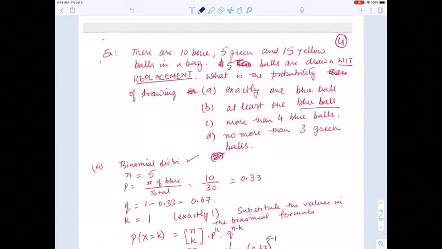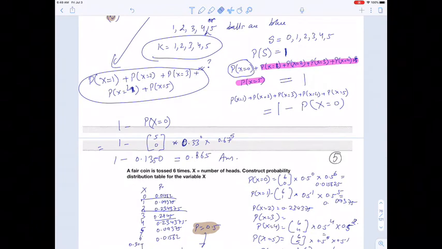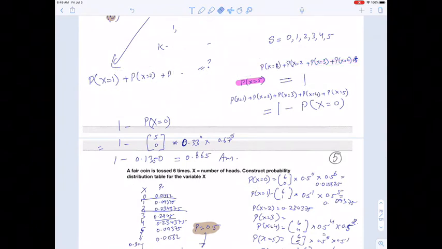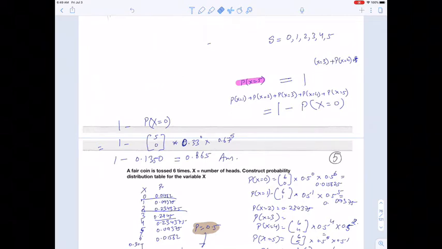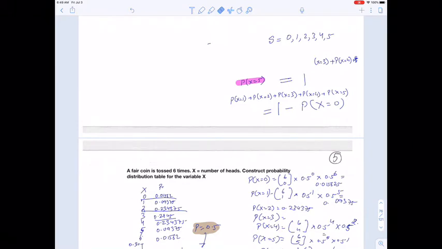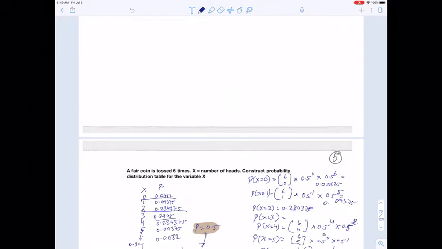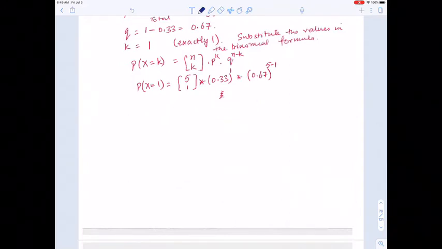Part C, more than 4 blue balls. n is equal to 5, p is equal to 0.33, k is more than 4, so k is 5, that's it.